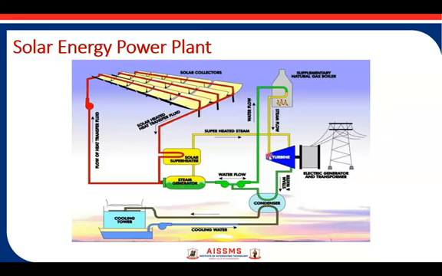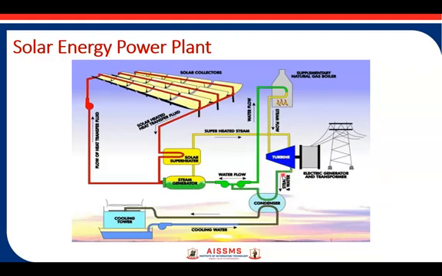It is connected with the steam power plant basically. This steam will be passed on to the turbine, and the high pressure steam will rotate the blades of the turbine, which is connected to the electric generator and transformer.